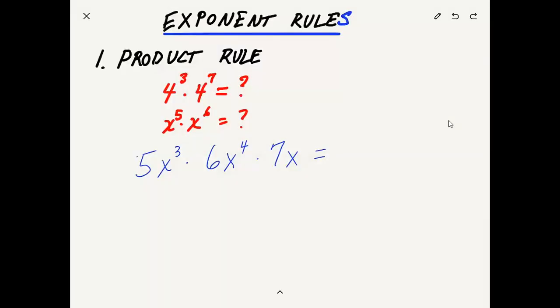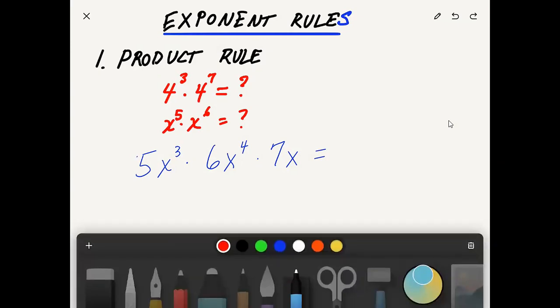Now we're going to look at the product rule. The product rule is just a quick way to simplify two things that have the same base. If you look at this, it says 4 to the third power times 4 to the seventh power.